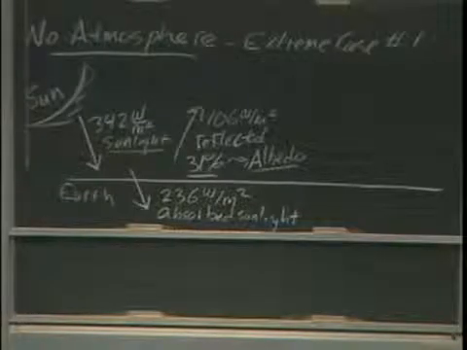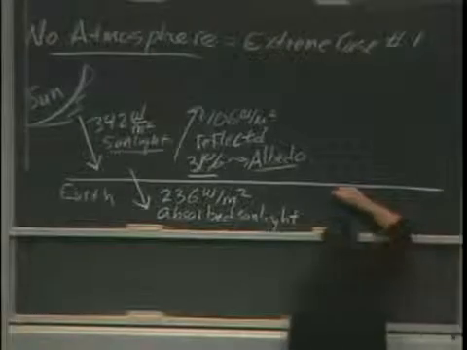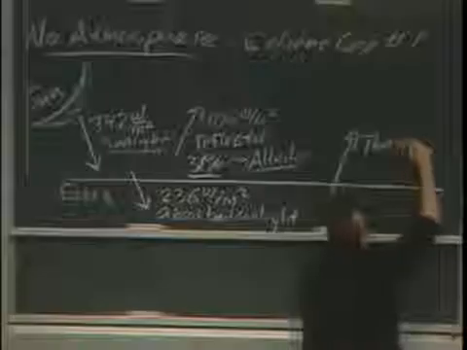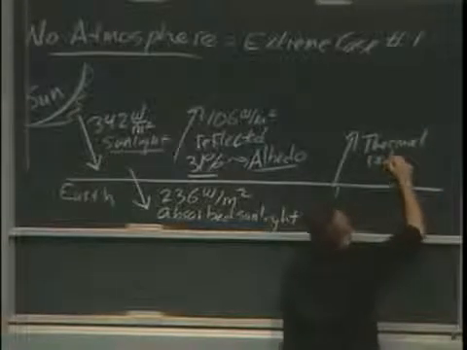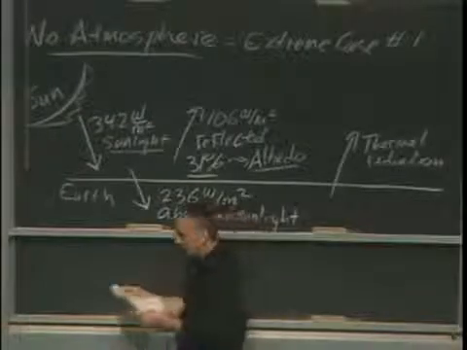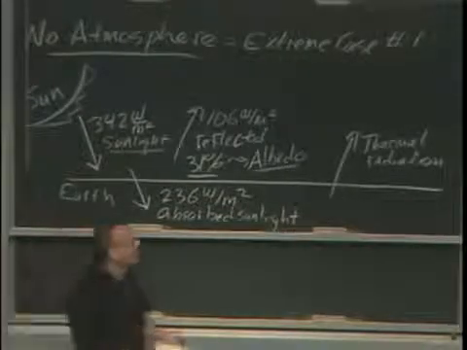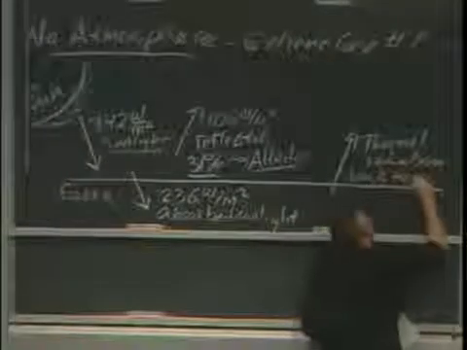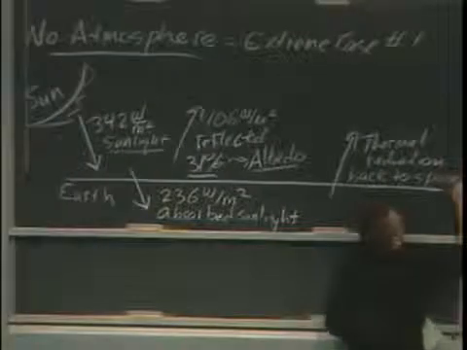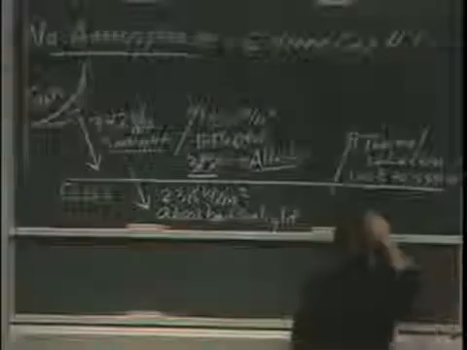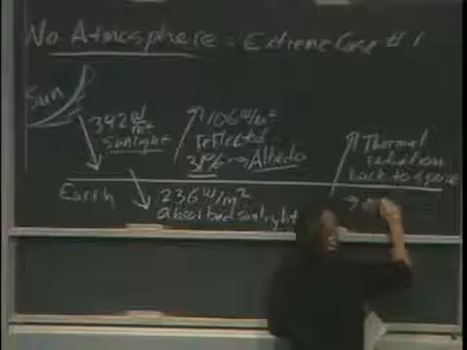But the Earth does cool, and it cools by emitting thermal radiation back to space. That thermal radiation we know comes from the Stefan-Boltzmann law.